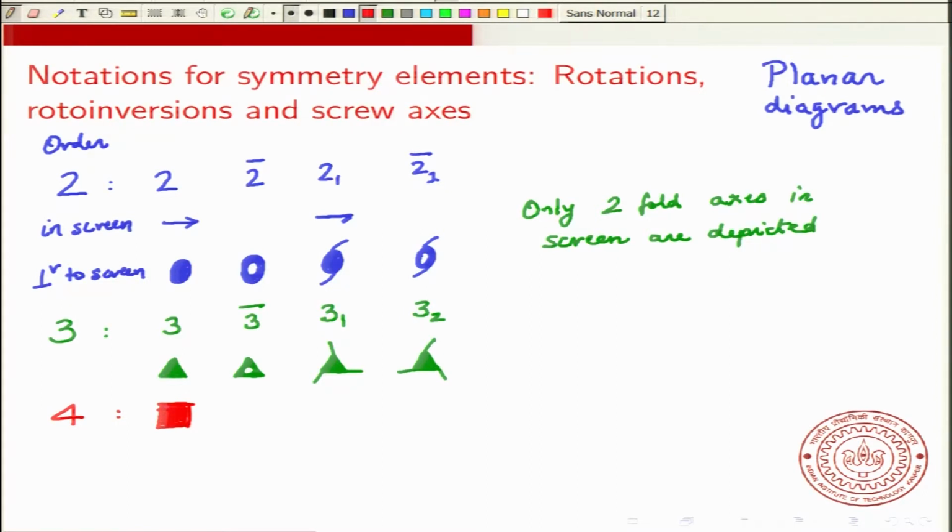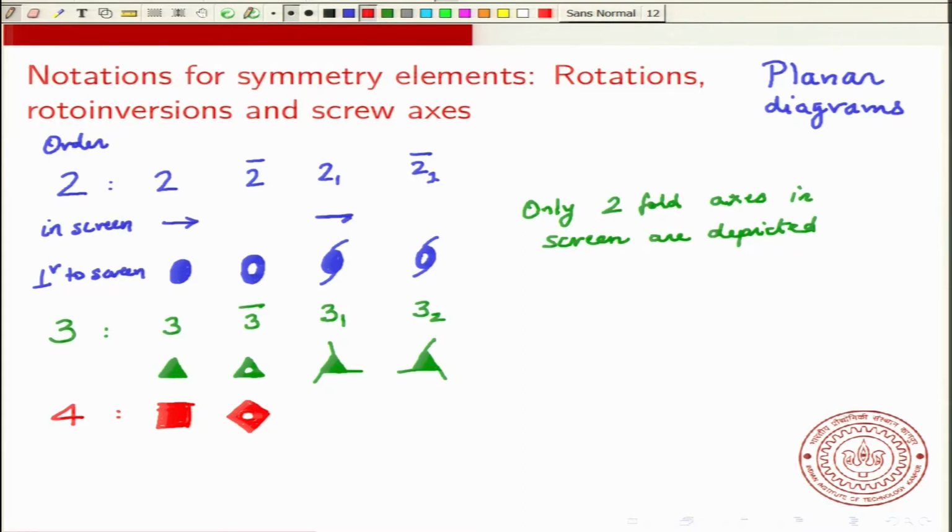That's a 4-fold. A 4 bar will be shown by a triangle with a circular hole. In this case, the 4 bar is shown in this direction, like a diamond. Again, all these axes are perpendicular to the screen.